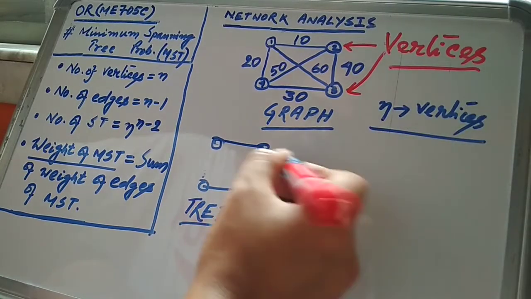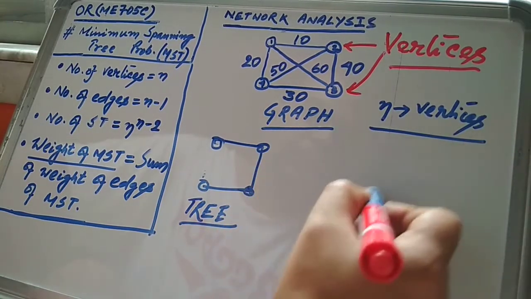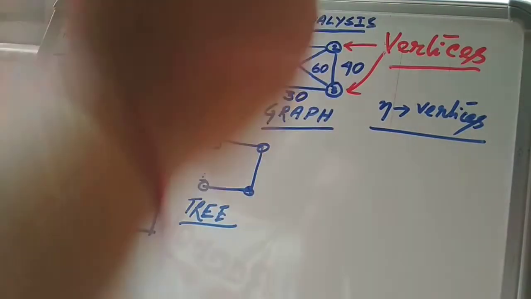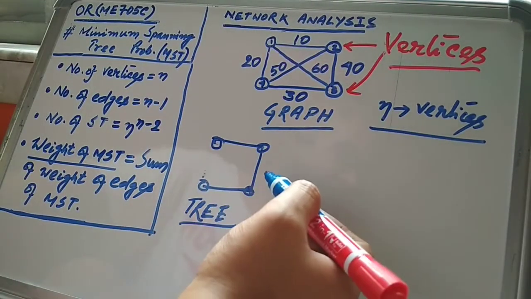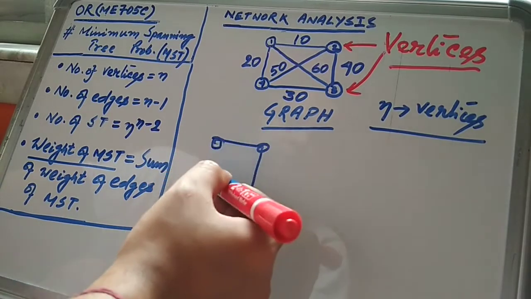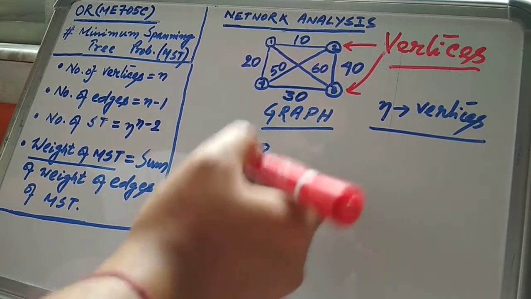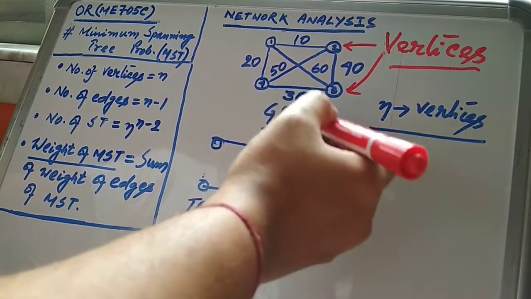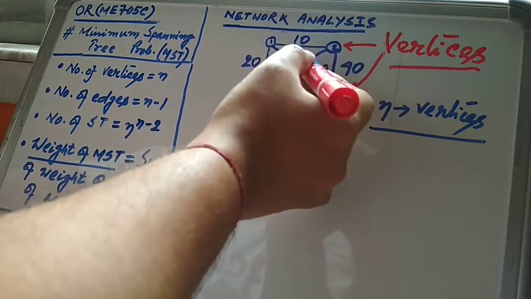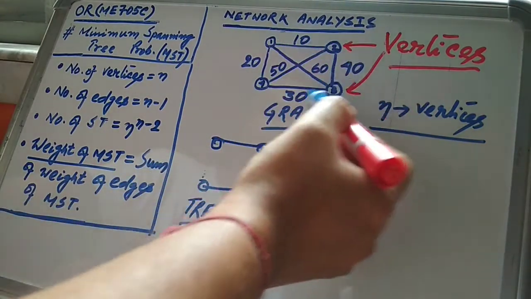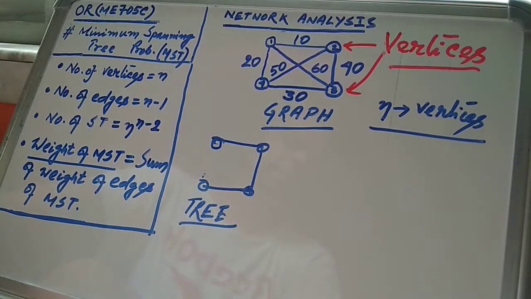then while constructing a tree you have to connect n number of vertices, but at the same time you have to keep in mind it should not have a loop, right? It should not be closed, because a tree is not closed while a graph is closed. Now in this particular problem, it has 4 vertices.